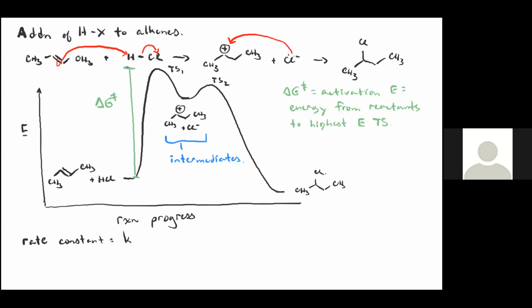And so it has a specific definition, which is kappa T over h, e to the minus delta G double dagger over RT, where kappa is Boltzmann's constant.